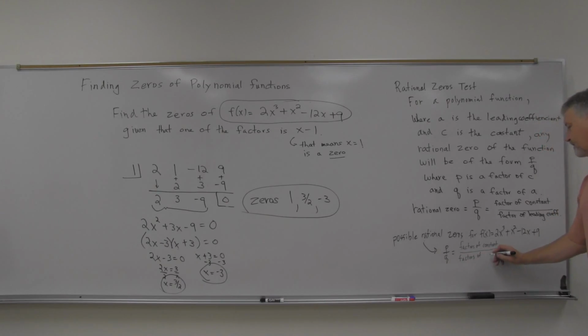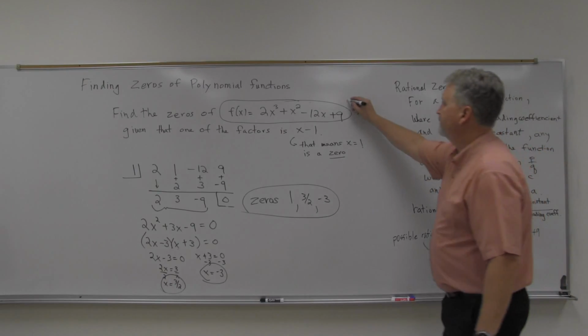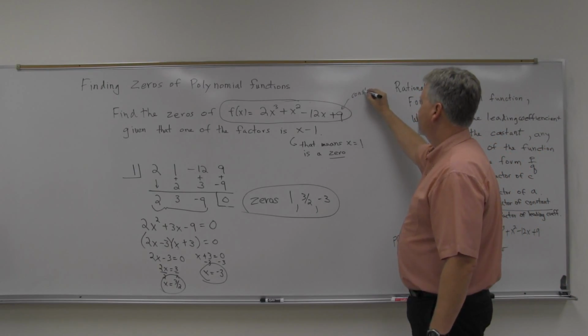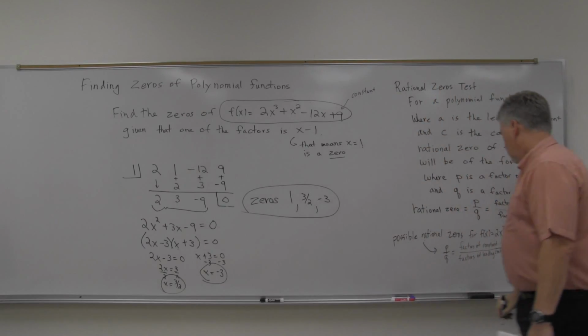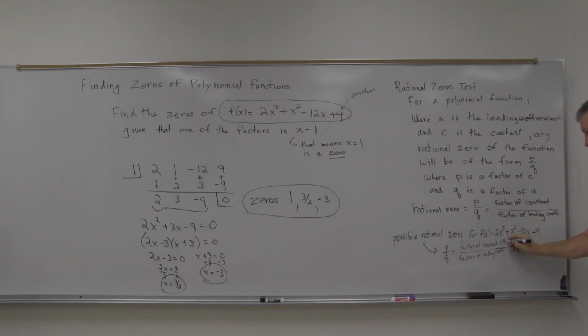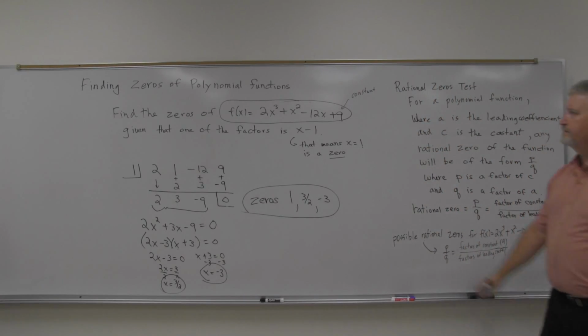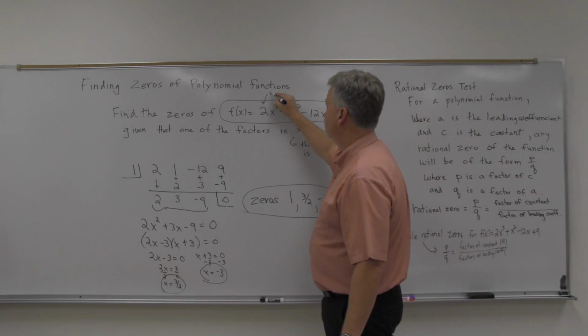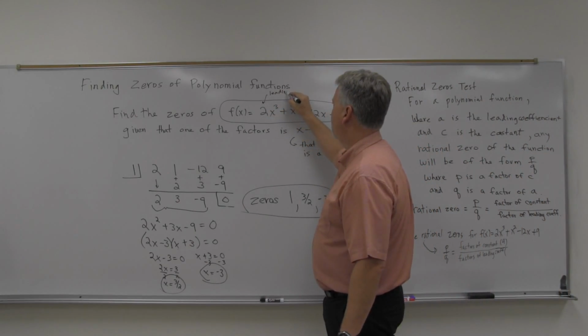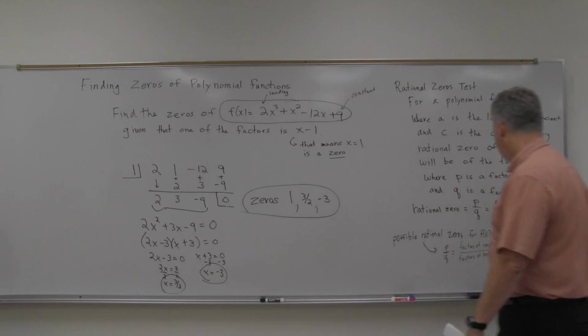Now, what's our constant? That would be C. It's the constant here, so it's 9. The leading coefficient is the 2. So it'll be factors of 9 over factors of 2.